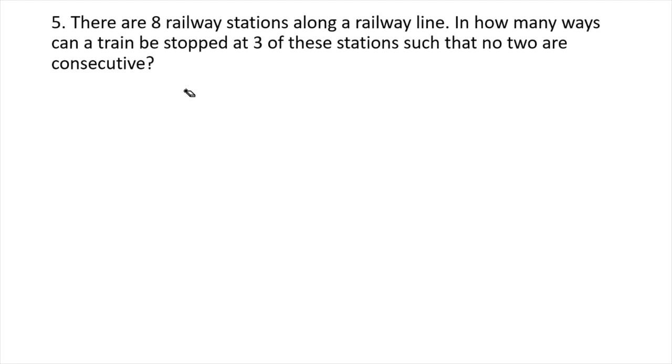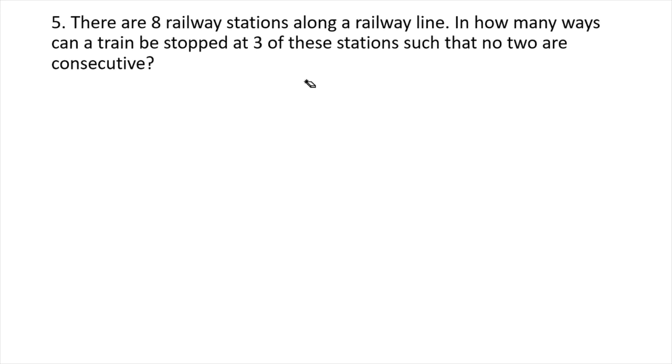So let us try to understand the question. There are 8 railway stations on a railway line, and a train is supposed to stop at 3 of these stations. Now, in how many ways can a train stop at 3 of these stations such that no stops are consecutive?